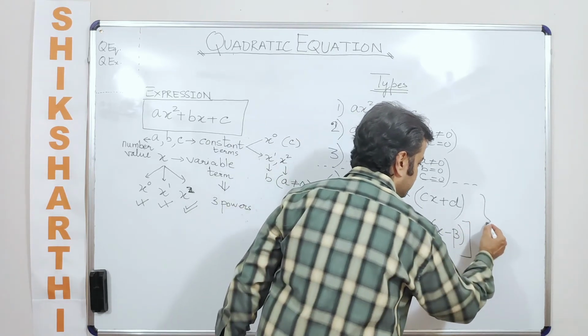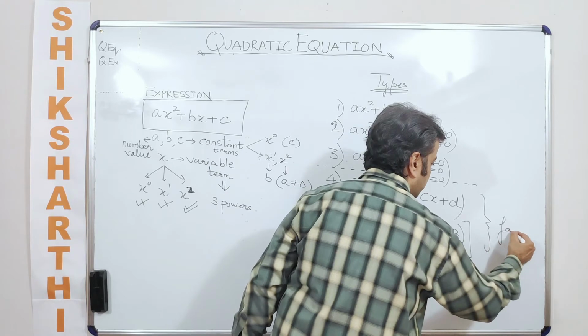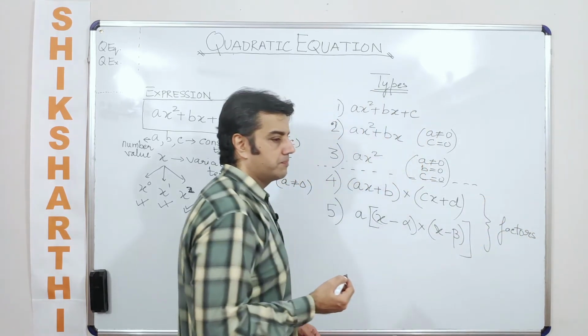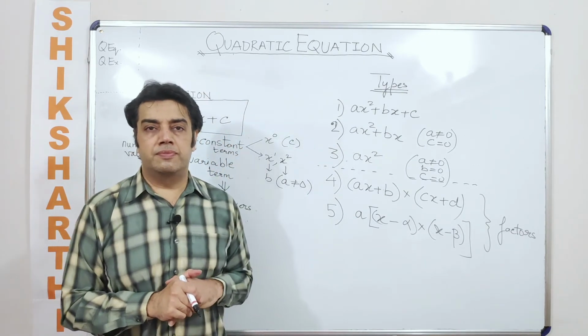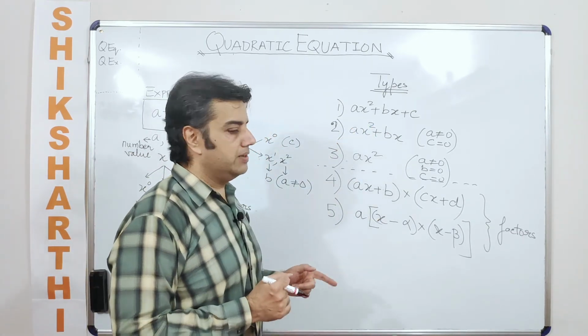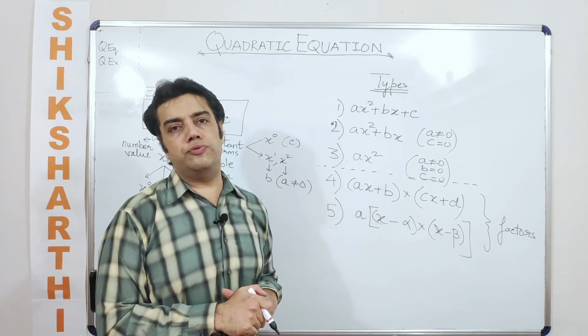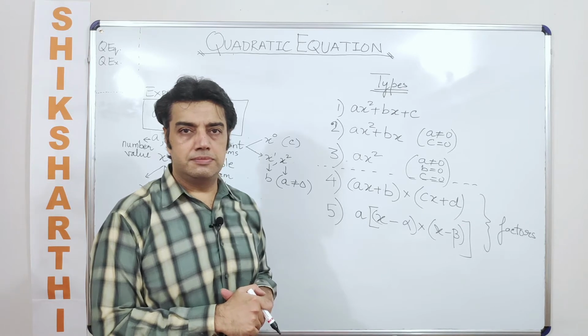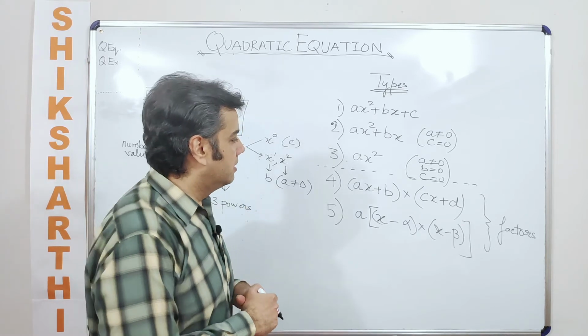So a terminology like factors also arises when we talk about expressions. So you're trying to factorize, and how many factors will it have? It will have two factors. Right? Okay.